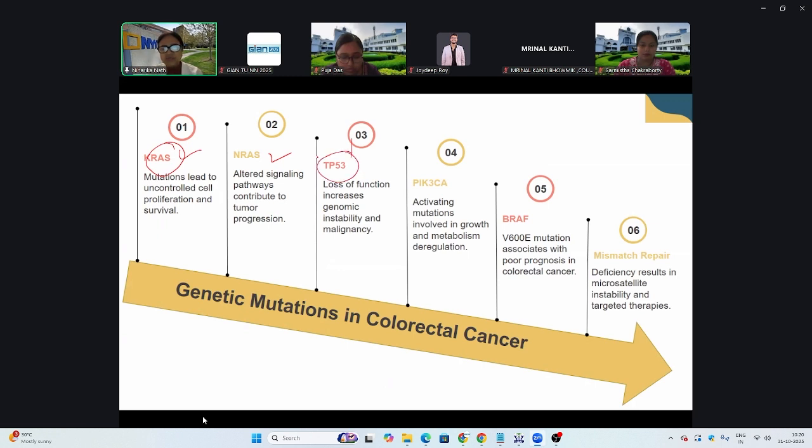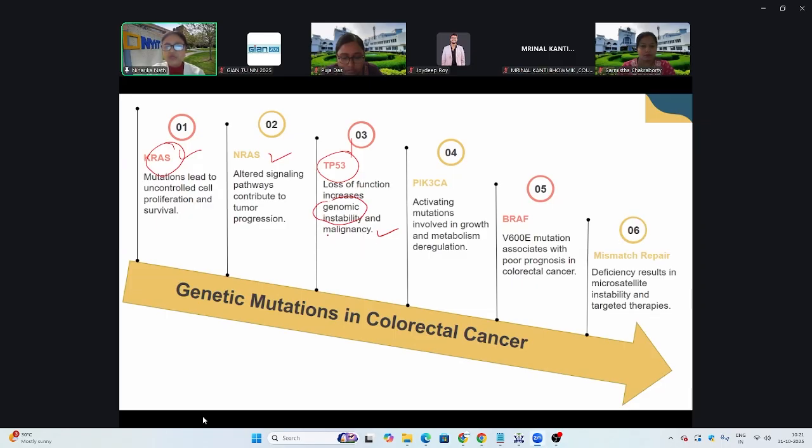And you did learn P53, you can just call it TP53 or P53. And that was a tumor suppressor. So remember, I'm revising today also. If there is a mutation in the tumor suppressor, then genomic instability takes place and malignancy, cancer, occurs.